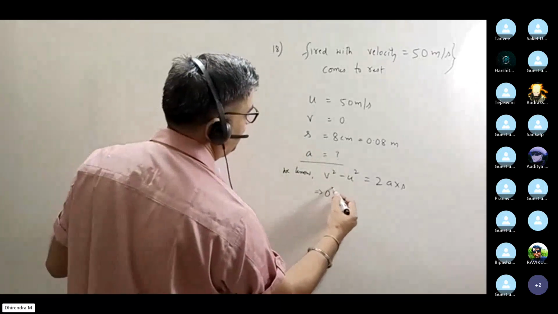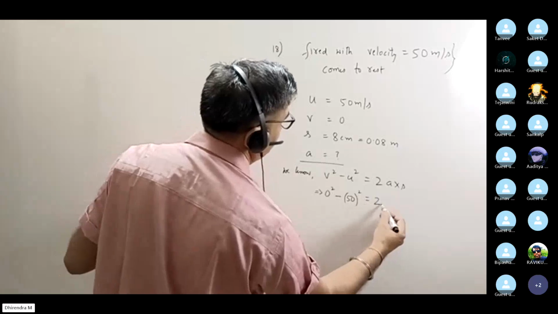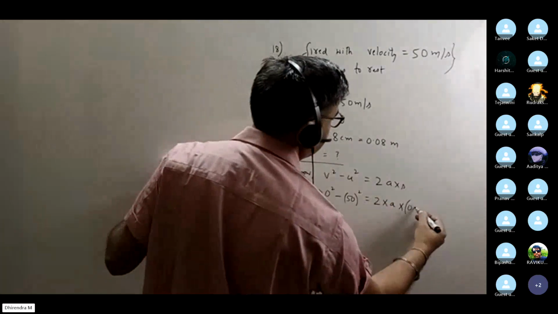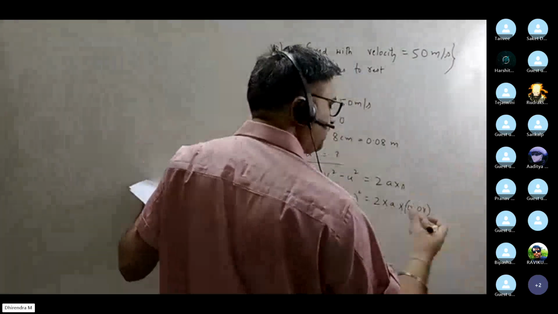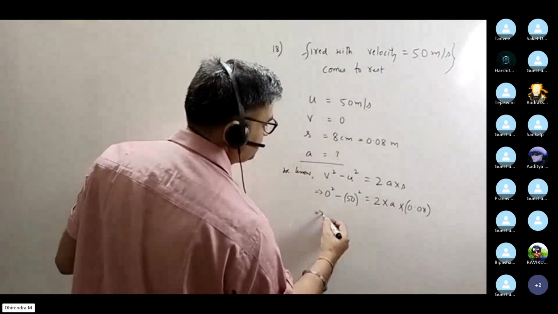So let's do this now. v is equal to 0. Again, it's 0 square minus 50 square is equal to 2 into a into s, 0.08. Don't make this minus, folks. The value of a will come out negative by itself. Don't put a minus here.